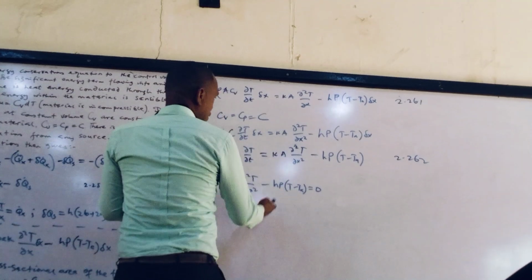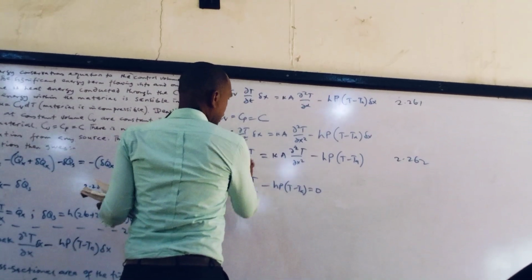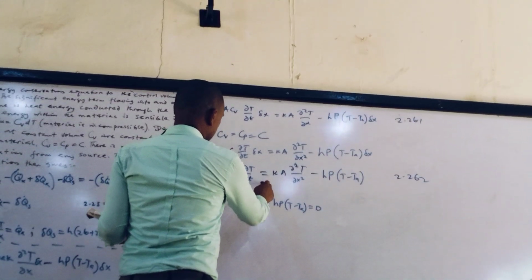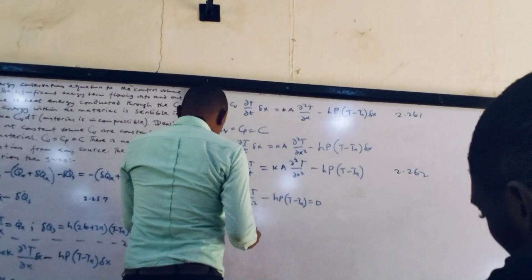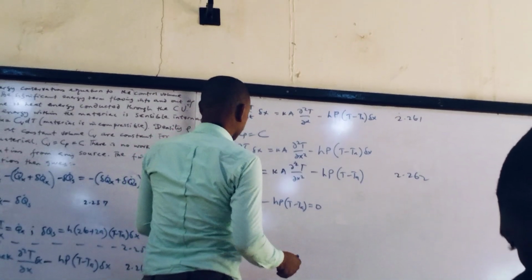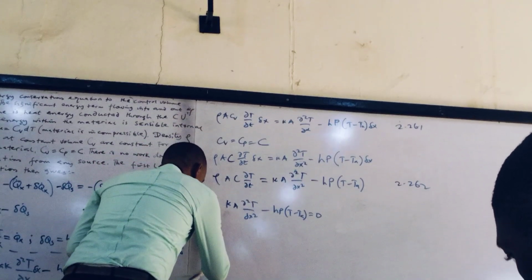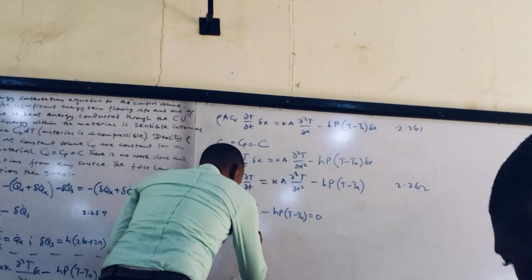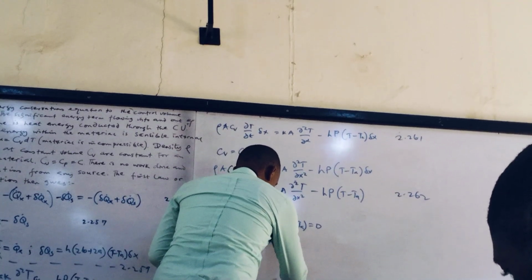So having gotten this, what's the difference between this and that? The difference between this and that is that this is equal to 0, which I later erased. Okay, you can leave it that way. Let's make this statement at steady state. At steady state, what happens with dT/dt?